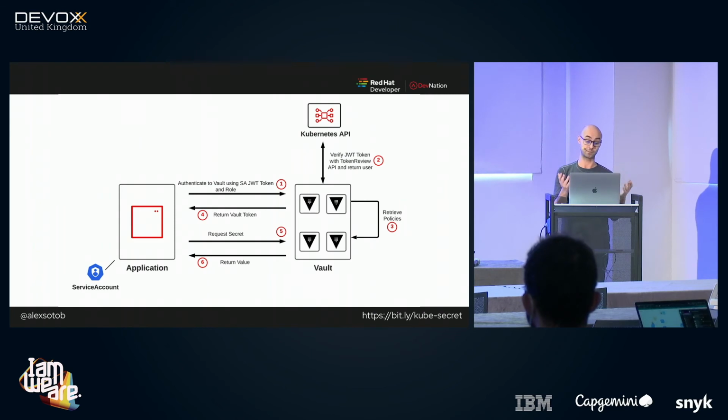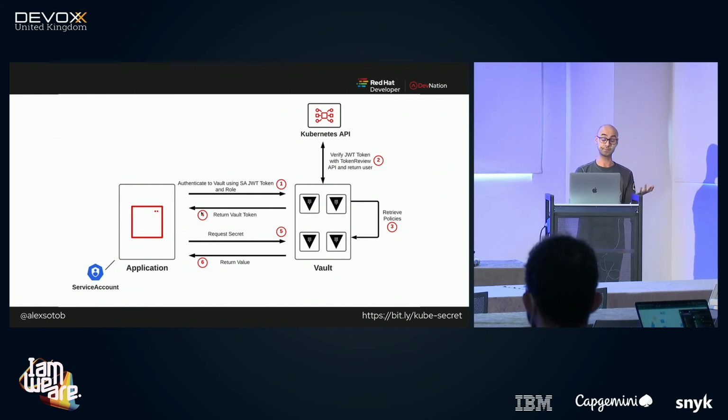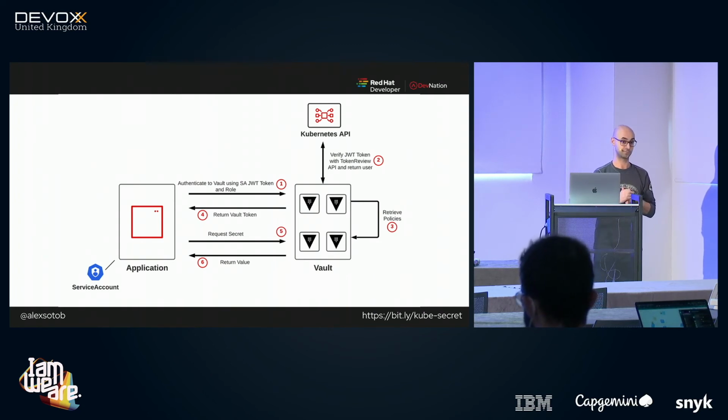But if your application is configured correctly, it has a correct role, and it's getting the secret assigned to that role, a token is returned, saying, okay, this is a Vault token that you can use to request and retrieve secrets.